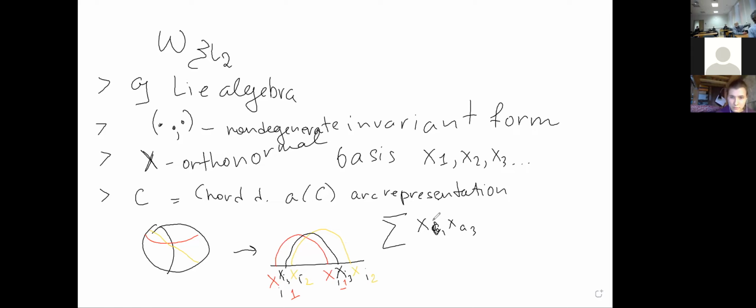And here we also have xi1, xi3, xi2, xi1, xi3, xi2. And the sequence depends on the arc diagram. And this is the sum over all arc representations.